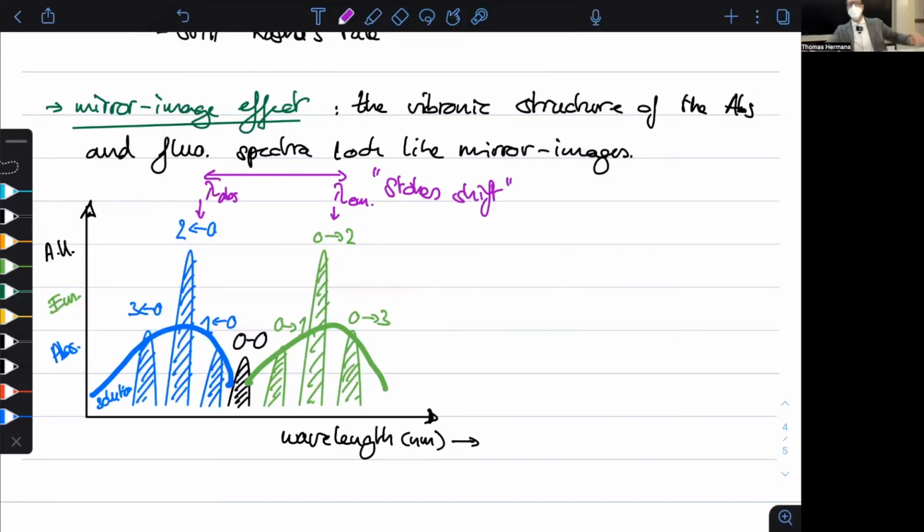Stokes was looking at a quinine molecule, not drinking Schweppes. He was sitting in a church, and churches have these colored windows. He noticed that if the window has a blue color, so blue light hits the solution he was looking at, he would actually see the emission. He was the first one to observe this, and that's why it's called the Stokes shift.